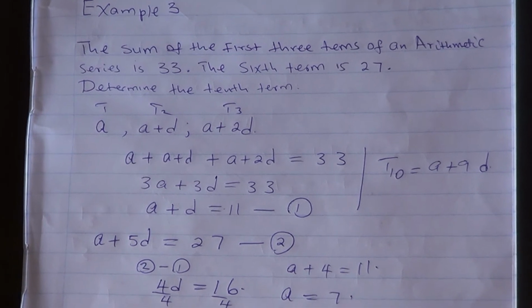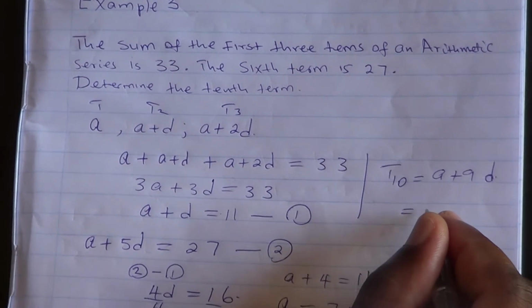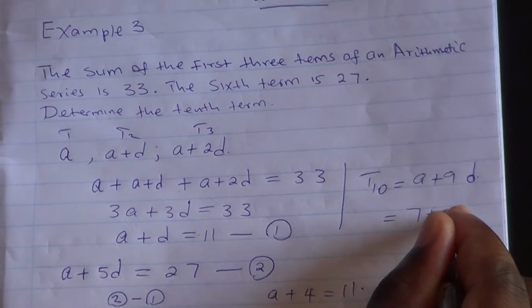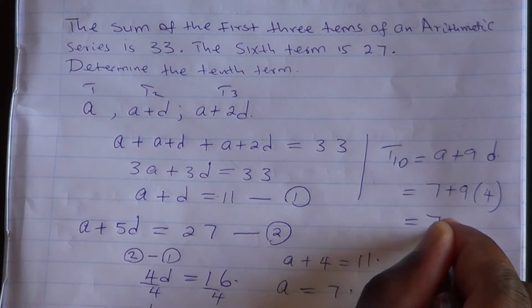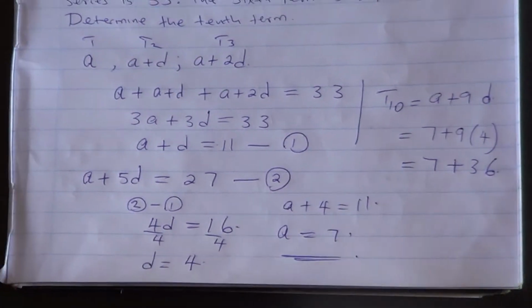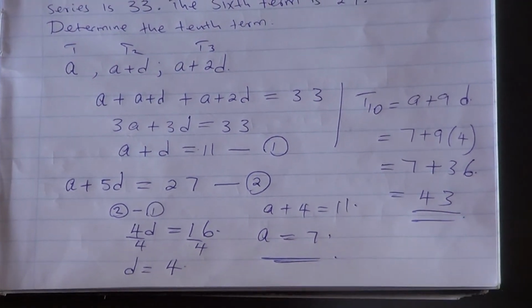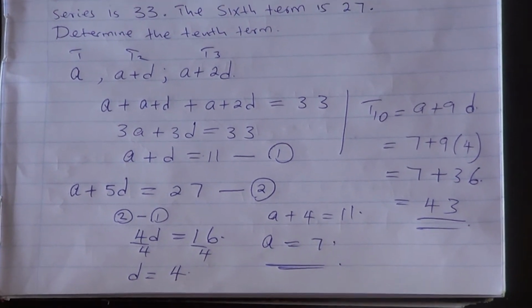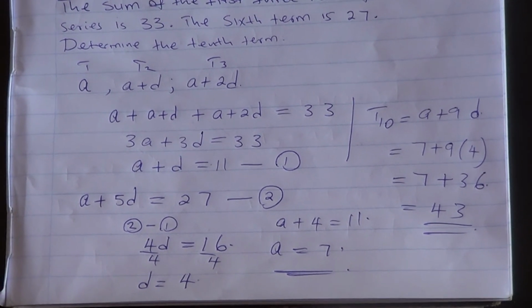What is the value of a? It's 7, plus 9 into what? 4. We're having 7 plus 36. So when we add, we're going to have 43. You see? So this is how we answer the questions on arithmetic sequence.